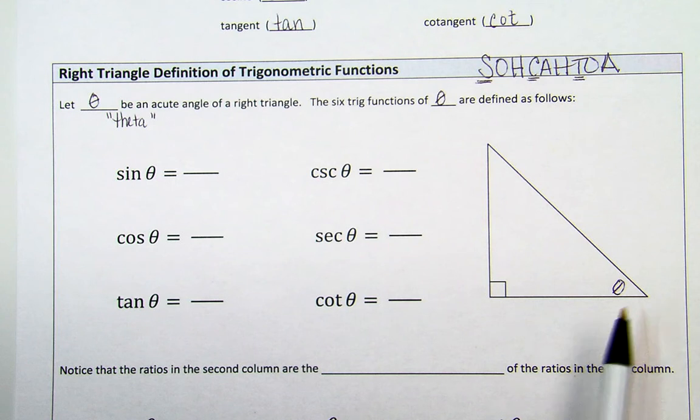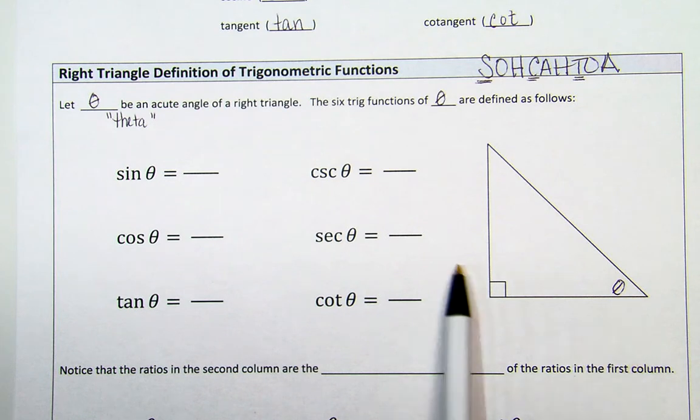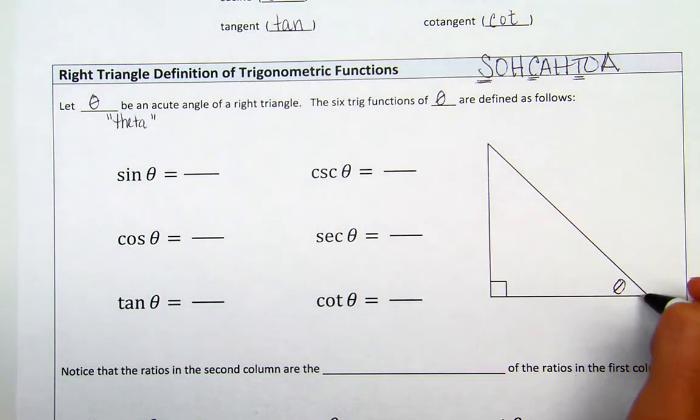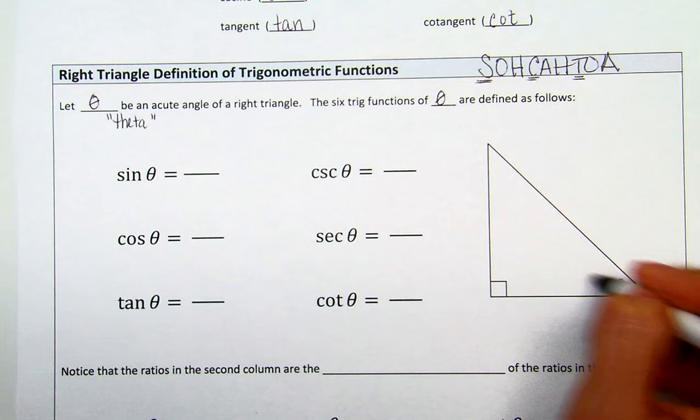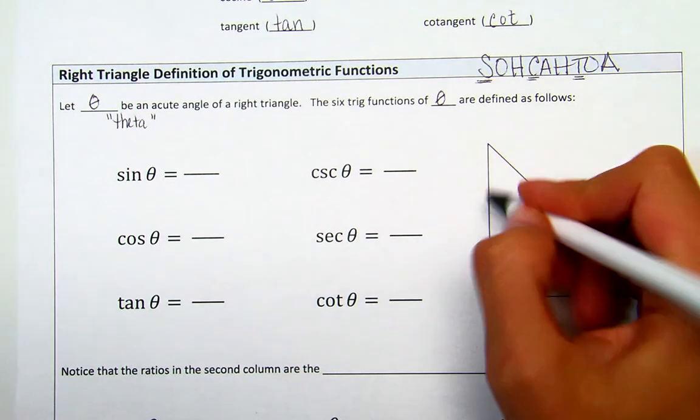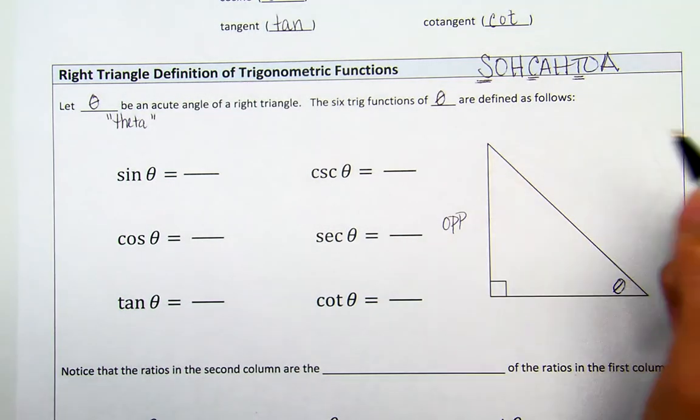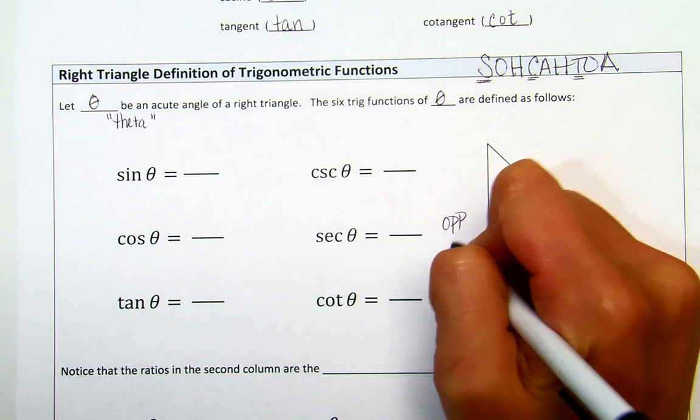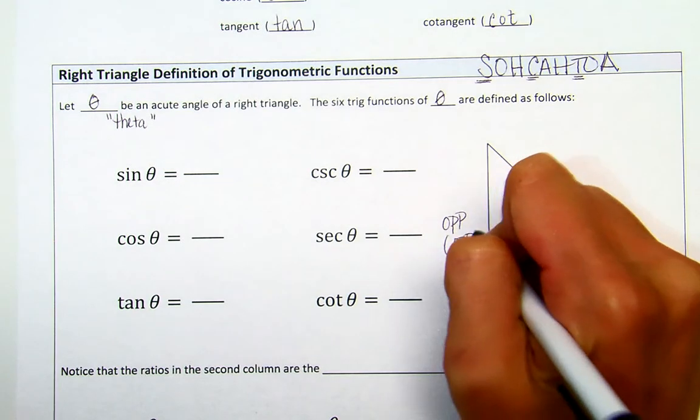The first is in relationship to the angle you're talking about. So in this case, it's theta. We're going to write the relationship to theta of all 3 of these sides. The first is opposite, which means really kind of across from. Opposite of theta is what we call our opposite side. I'm going to abbreviate it as OPP. That means opposite.